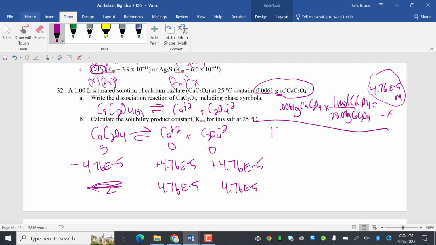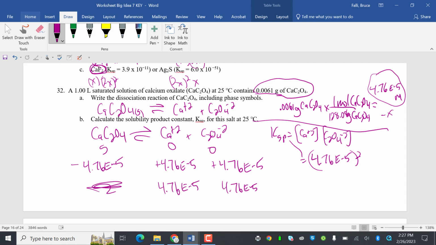My KSP is calcium 2+ times C2O4 2-. So it's going to be 4.76 E negative 5 squared.